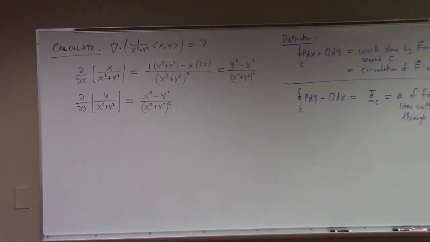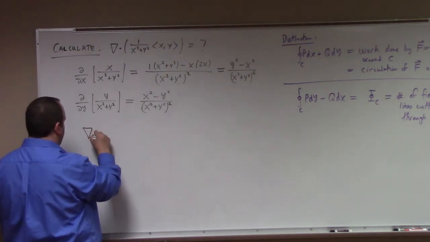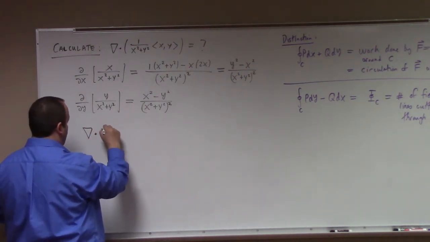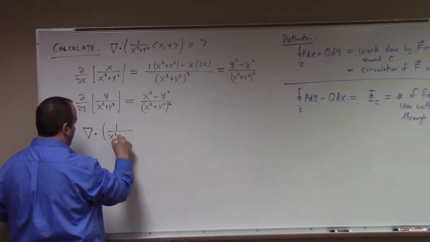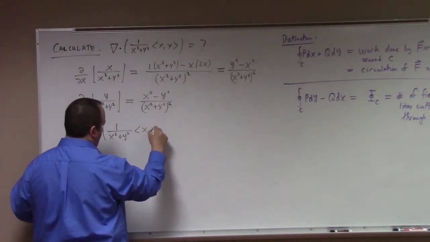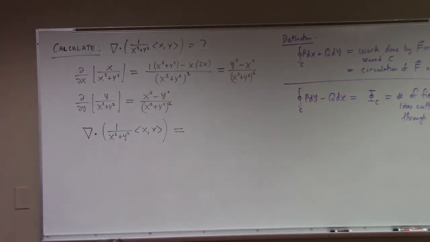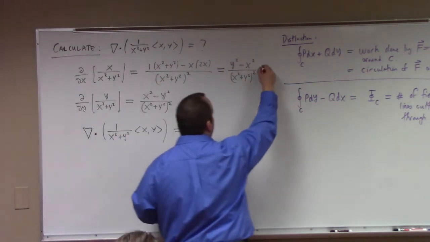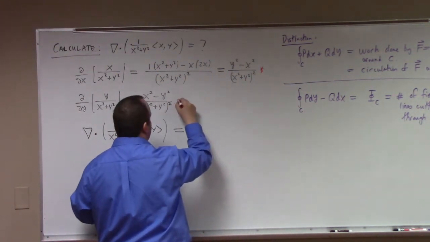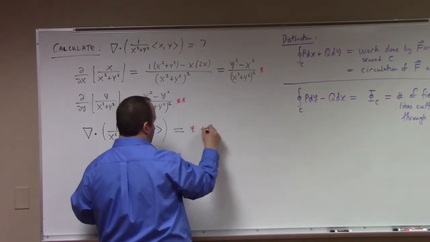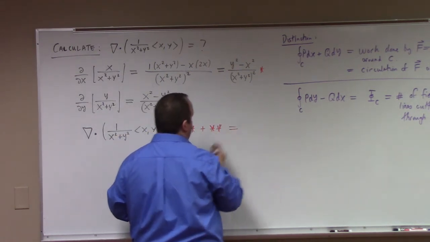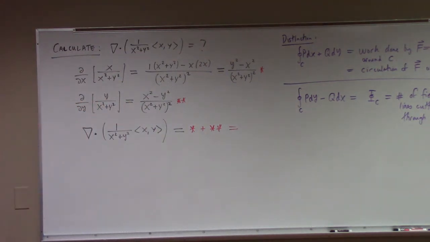So what's the divergence here then? I'm sick of writing them, so let me call it star and star star. So it's star plus star star, otherwise known as what? 3 stars?